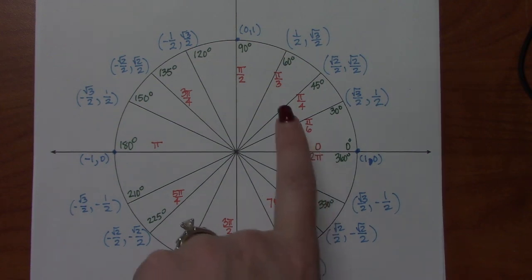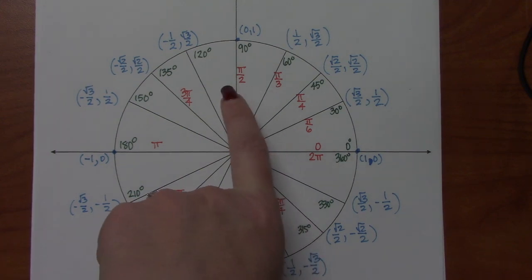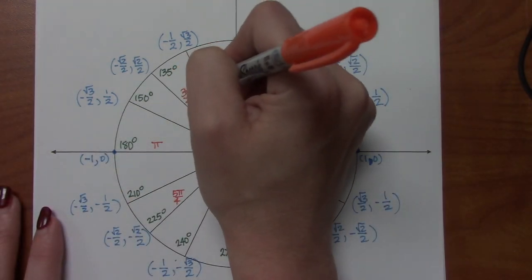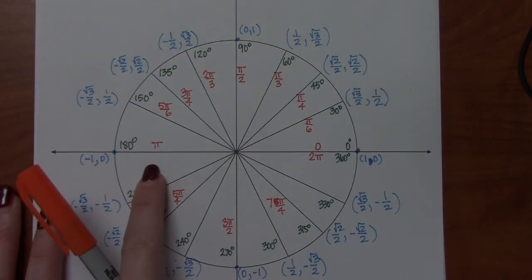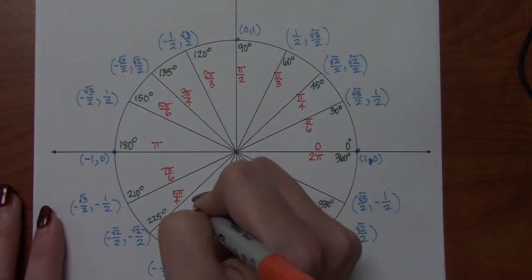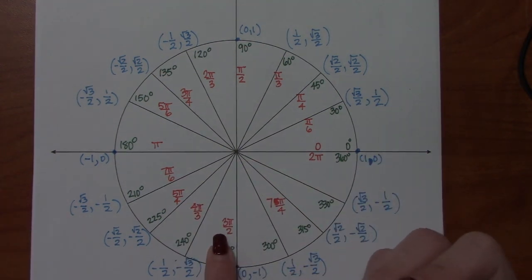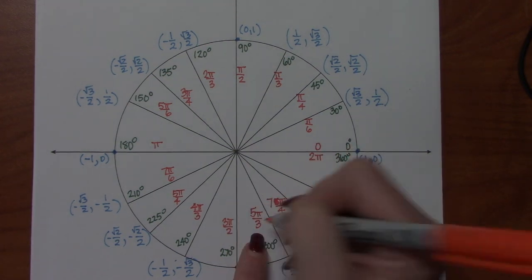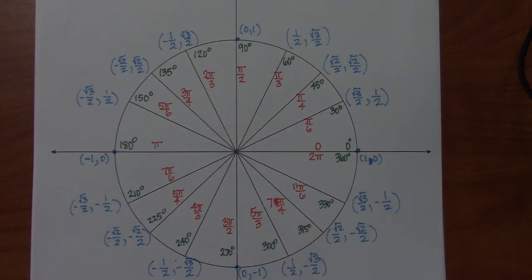So 1 pi over 6, 2 pi over 6 simplifies to pi over 3. 3 pi over 6 is pi over 2. 4 pi over 6 is 2 pi over 3. 5 pi over 6. 6 pi over 6 is pi. 7 pi over 6. 8 pi over 6 is 4 pi over 3. 9 pi over 6 is 3 pi over 2. 10 pi over 6 is 5 pi over 3. 11 pi over 6 and 12 pi over 6 is 2 pi.